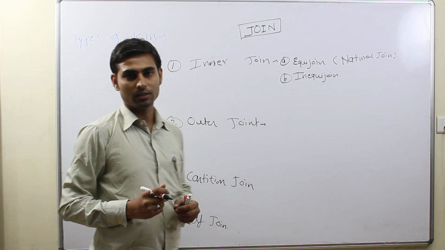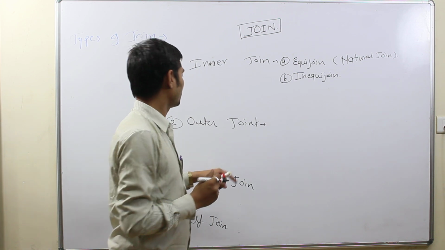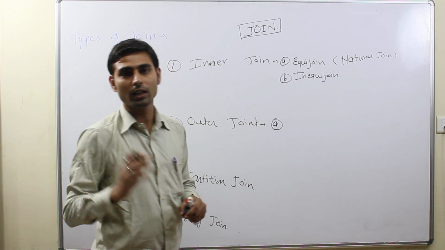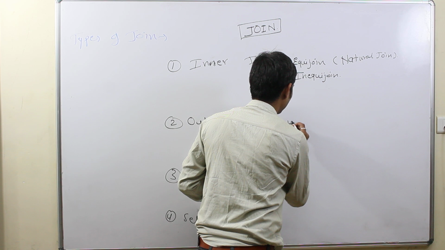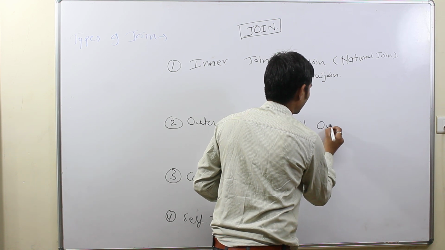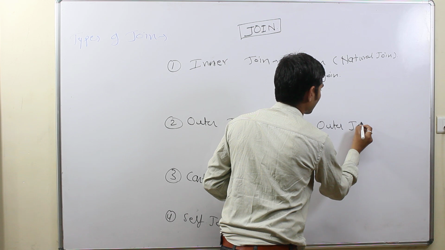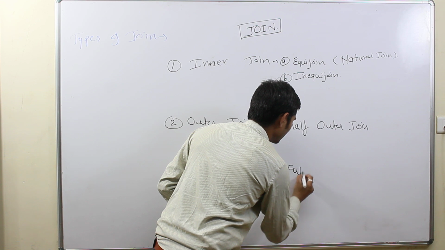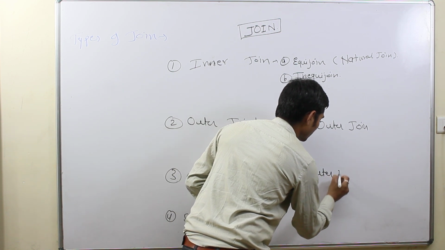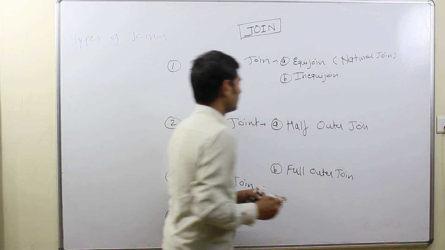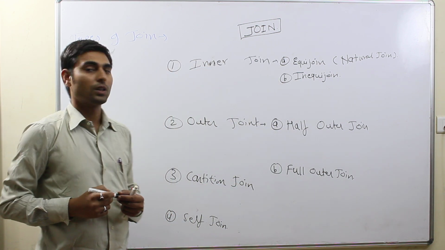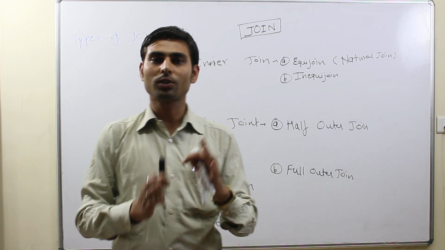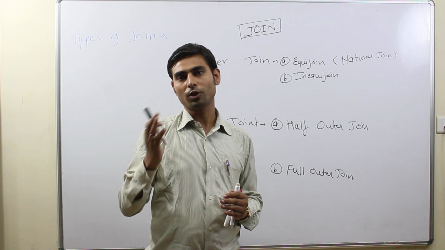Outer join has two types, that is half outer join and full outer join. Half outer join means it gives all the data from one table but not from another table.